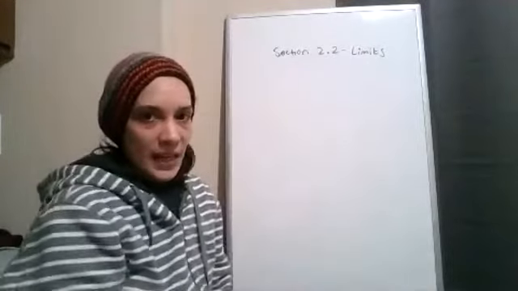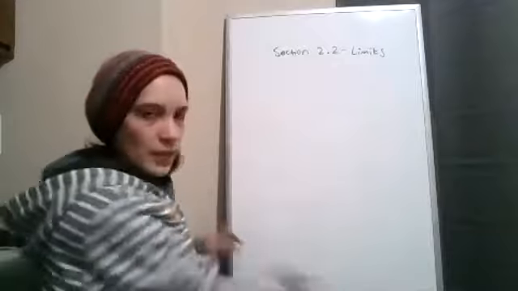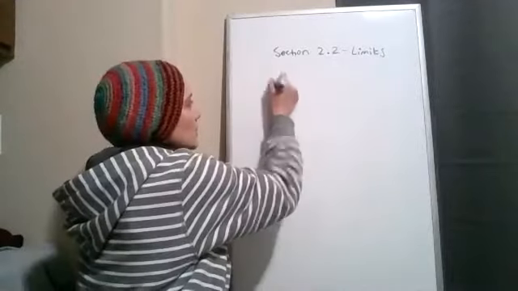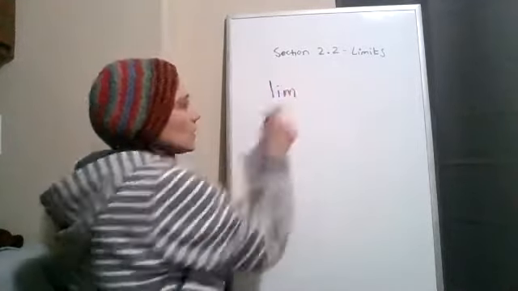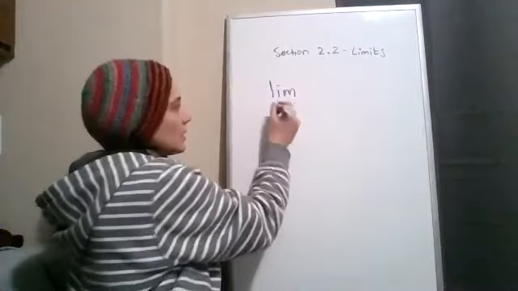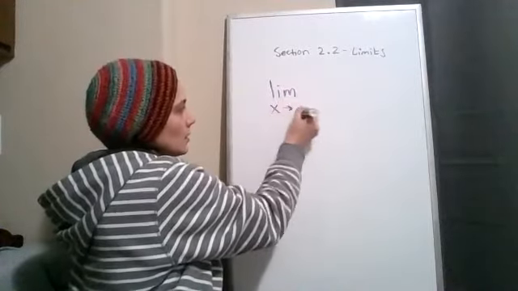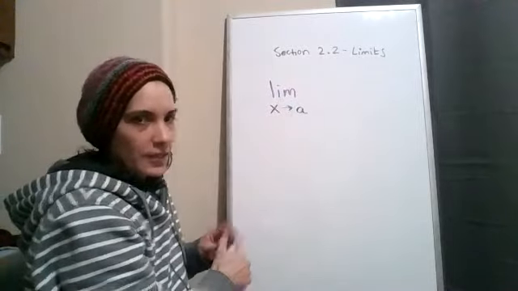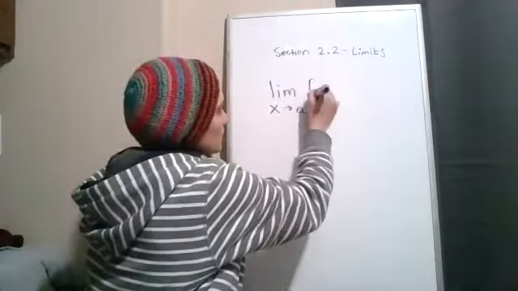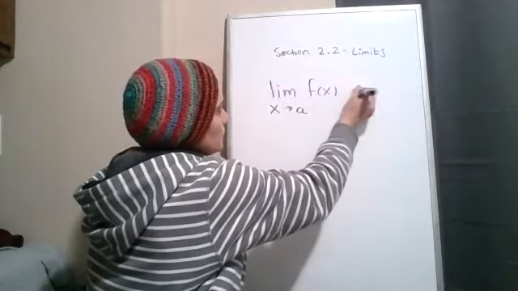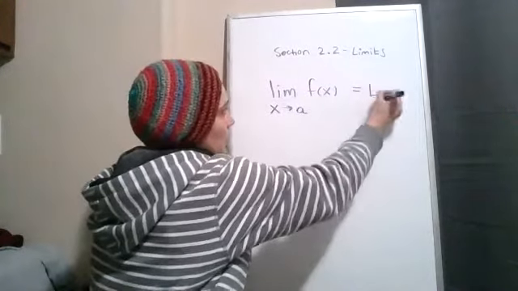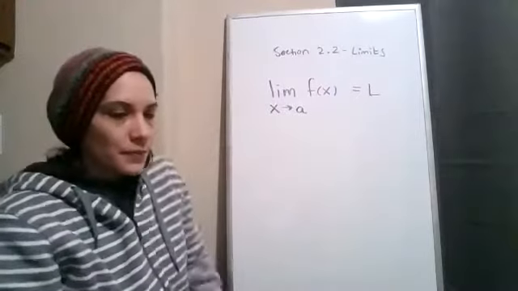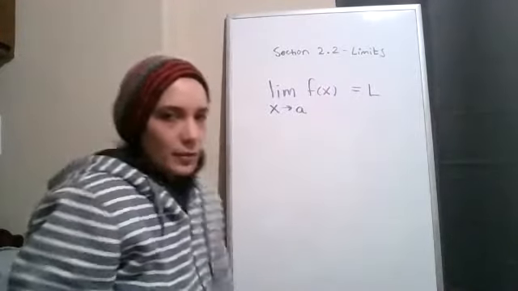So the limit as x approaches a is written limit as x goes to a of a function f of x will be equal to L. So write that down.